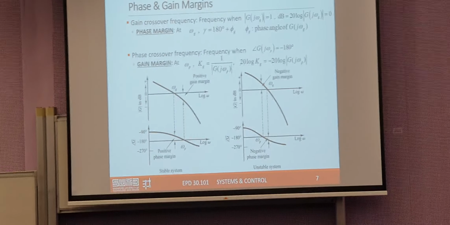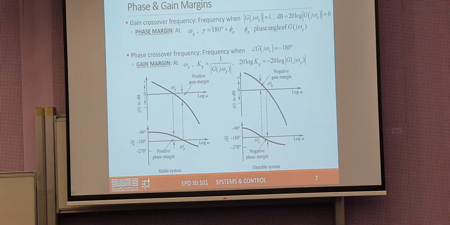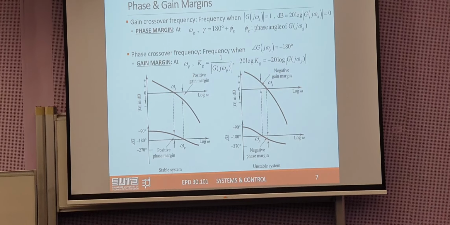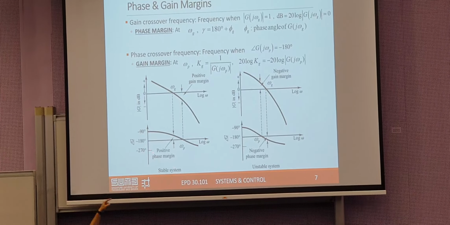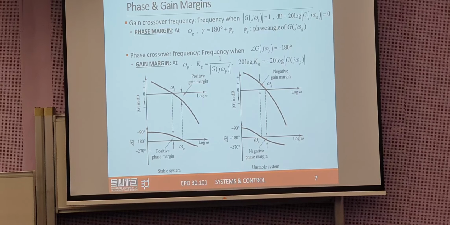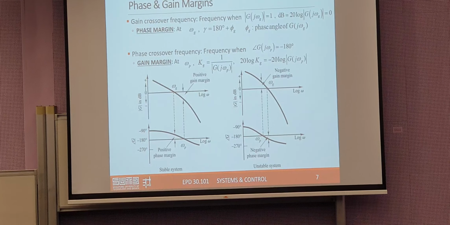Let's see how to determine whether the system has a positive or negative gain margin. For the gain margin, you look at the phase plot, and we look at where the phase plot intersects minus 180 degrees. Simple thing. Look where the graph intersects minus 180.